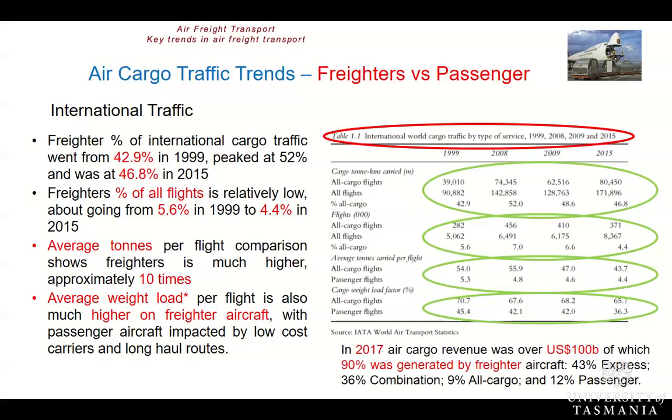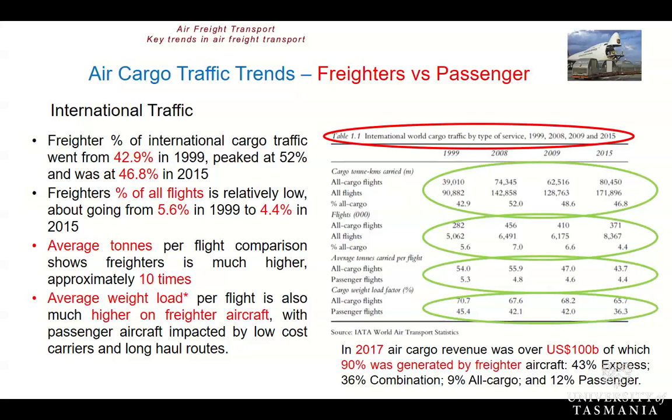So that other statistic that's worth sharing is that in 2017 the air cargo industry was worth about $100 billion US dollars, of which 90% of that revenue was generated by freighters.